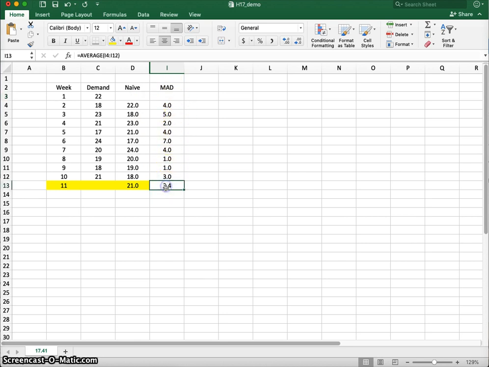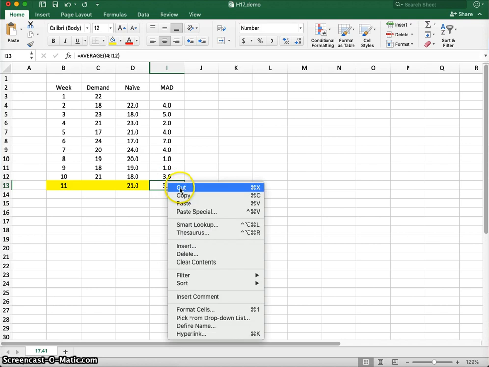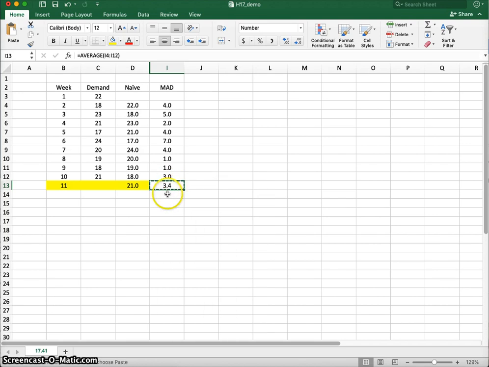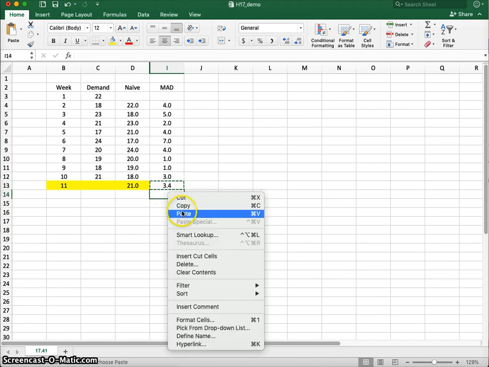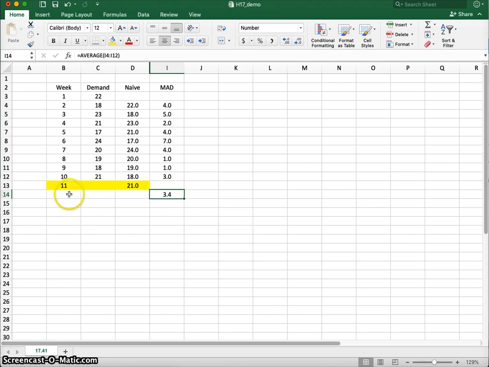And let me put this down here. I'll just cut and copy that. Okay, so that's MAD, mean absolute deviation.